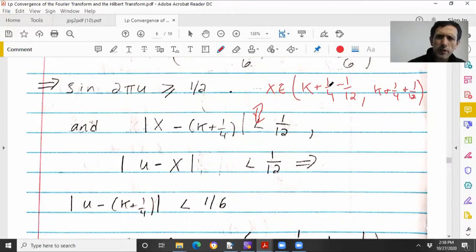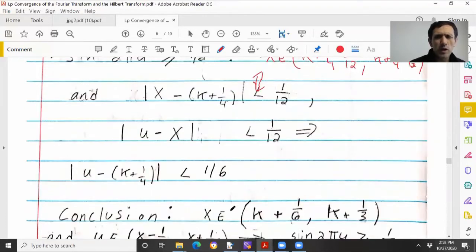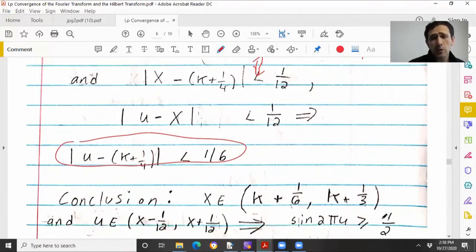And so this is just going to be 1/6. This is going to be 1/3. 3/12 plus 1/12, 4/12 is 1/3. Right, so as long as x is in (k plus 1/6, k plus 1/3), and u is in (x minus 1/12, x plus 1/12), which we said is equivalent to this here, then sine 2 pi u is bigger or equal to 1/2.